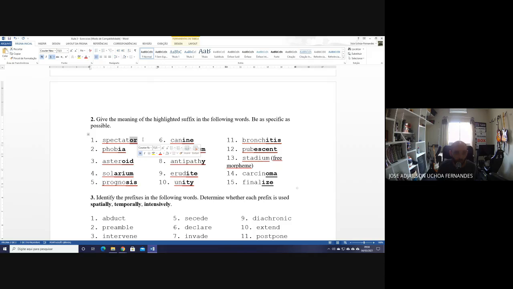Canine. Think of feline. What is the meaning of feline? Lions are felines. Tigers are felines. Cats are felines. Felines, related to the class.